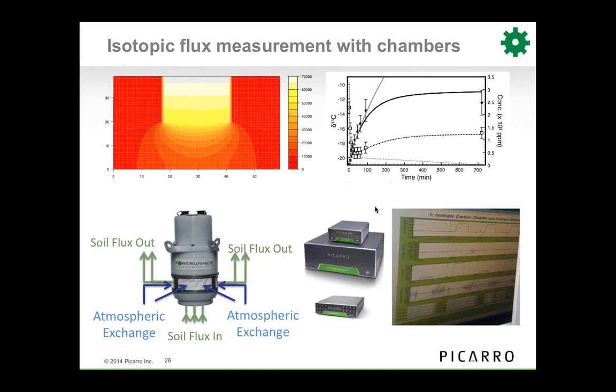Because we know how fast it can get across that membrane, we're able to calculate the flux of not only bulk CO2 and other gases, but also their isotopologues. We plumbed this directly into the Picarro analyzer using their 16-port manifold, so you can have up to 8 chambers per analyzer, and the small sample isotope module, which allows us to draw small discrete samples from the chamber for analysis.